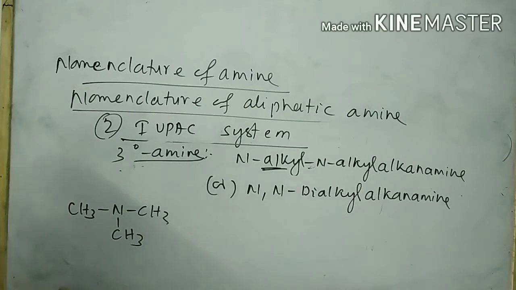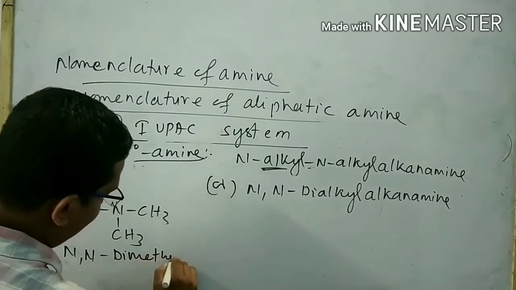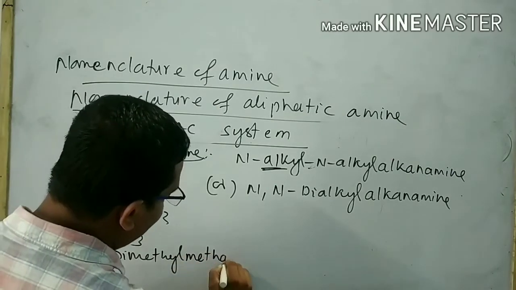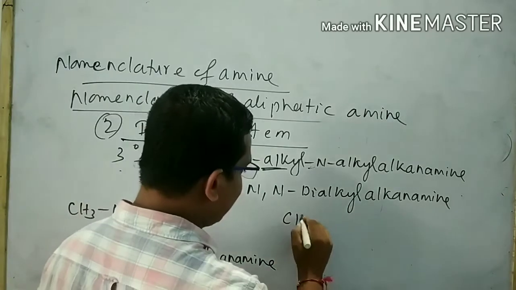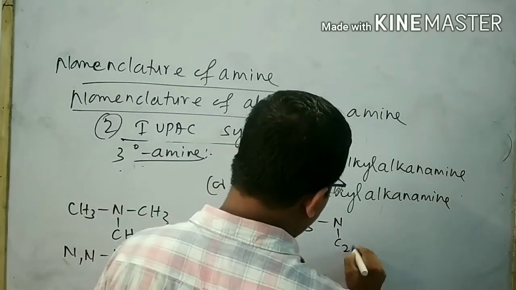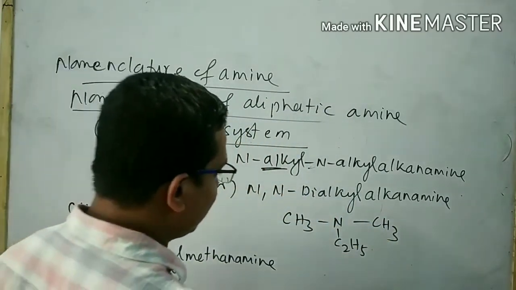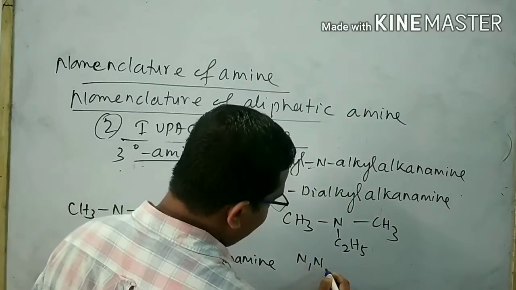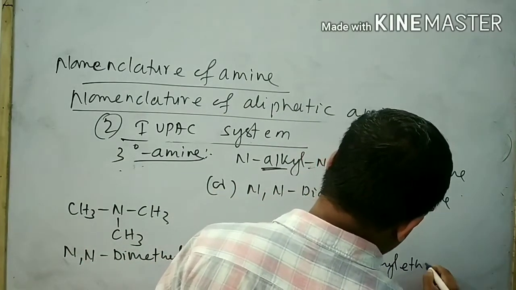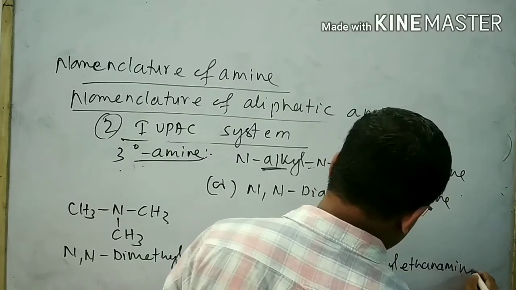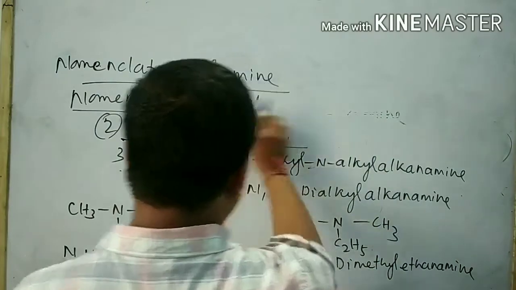The IUPAC name of this compound is said to be N,N-dimethyl methanamine. Similarly, take another example CH3 bonded to N, C2H5 bonded to CH3. The name of this compound is said to be N,N-dimethyl ethanamine.